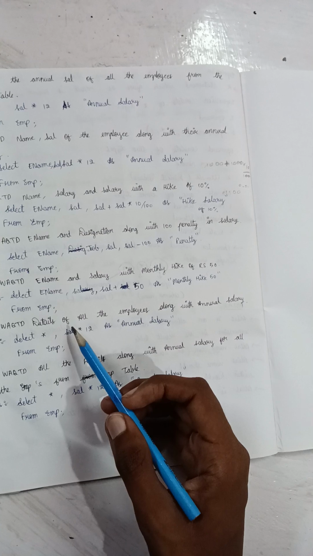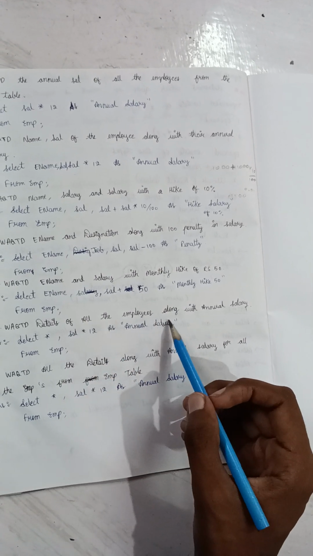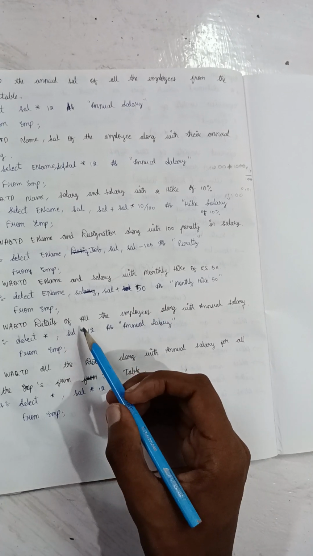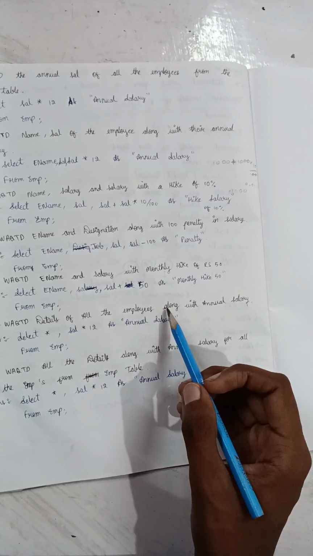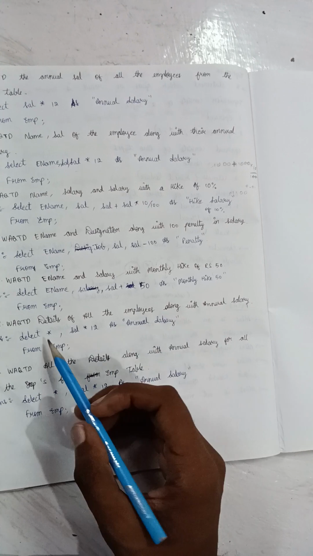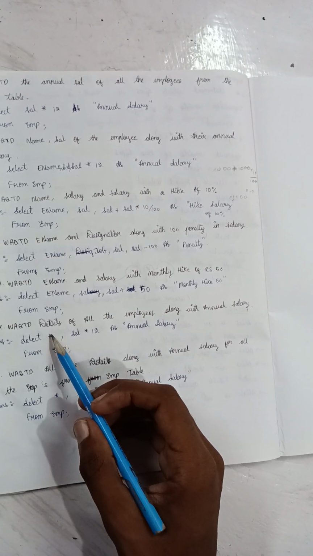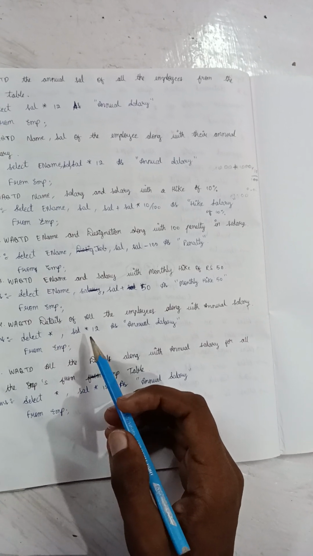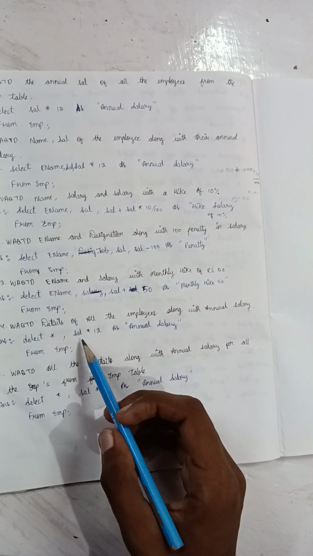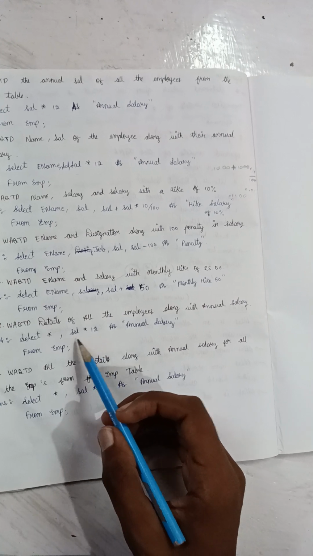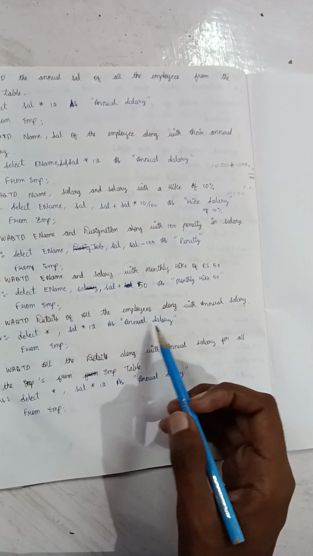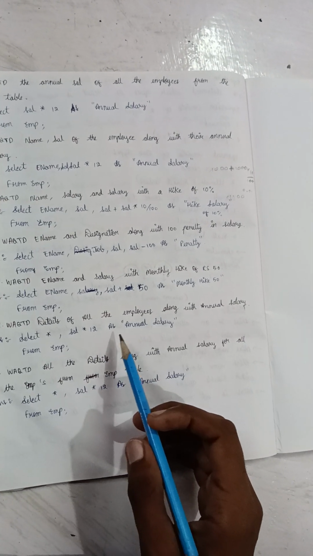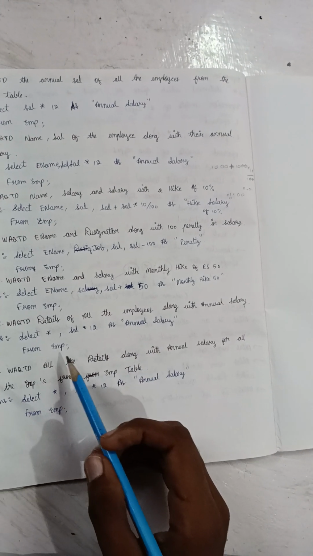Write a query to display all the employees along with annual salary. Select star, because I want to display all the columns, so I have written star or asterisk, then comma, salary asterisk 12 as annual salary, because we want annual salary as the name, from employee.